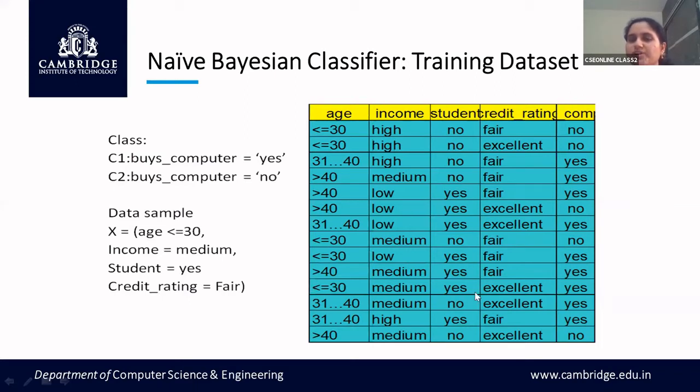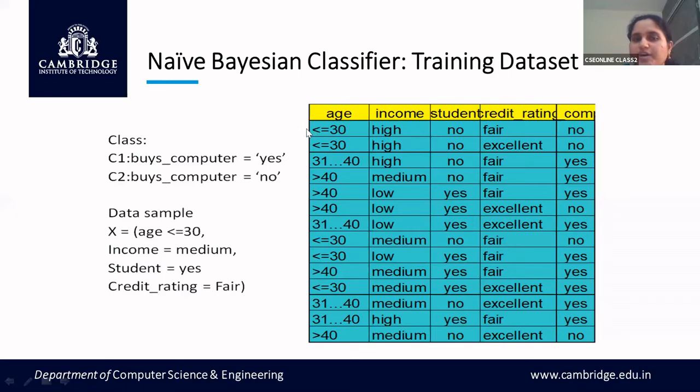You have to find the probability of each one of them and apply it to your Bayesian theorem in order to find the probability of this particular data sample. Directly from this we are not able to get the result, because here credit rating is excellent, whereas in the query tuple or your test data sample, credit rating is fair. So we will see the probabilities of each.